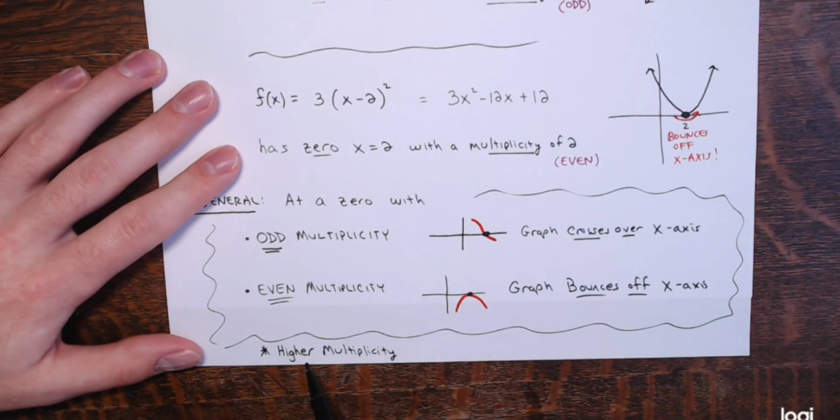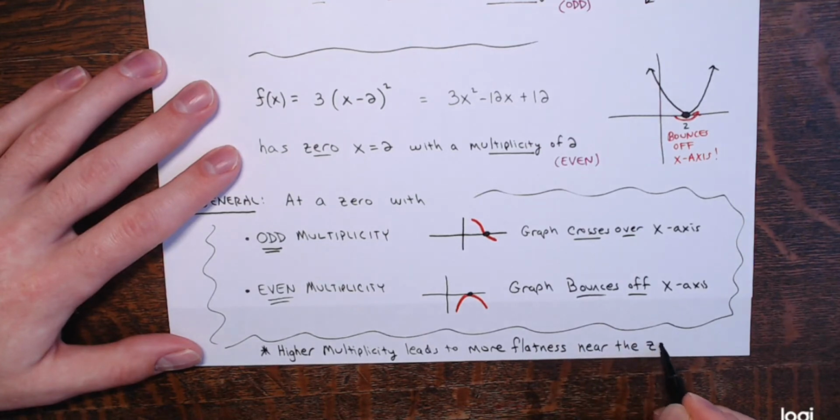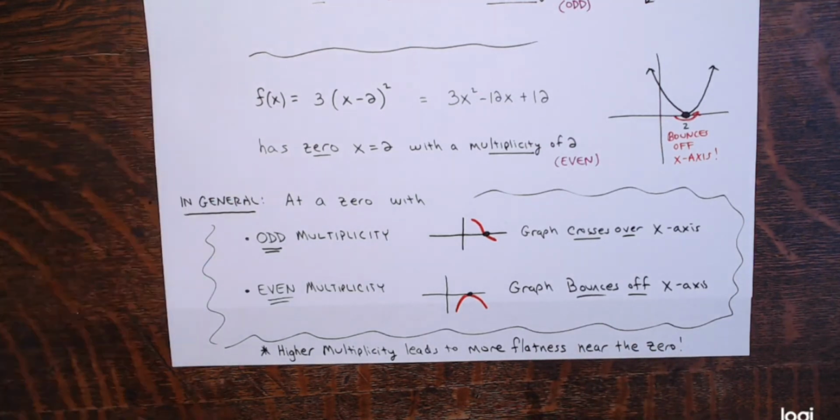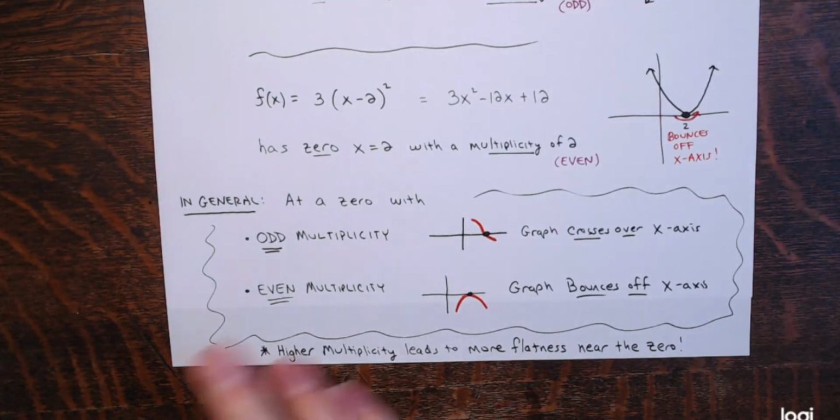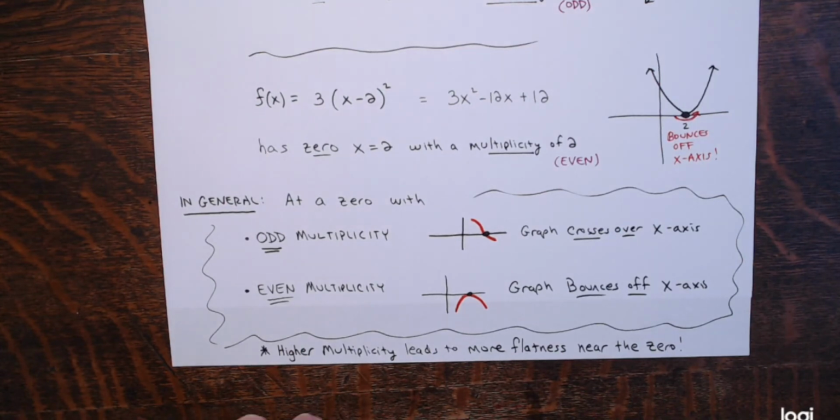Higher multiplicity leads to more flatness near the zero, near the intercept. Okay? All right, and I'll show you this in the Desmos site. What happens when I increase the multiplicity. You'll see the flatness occurring.